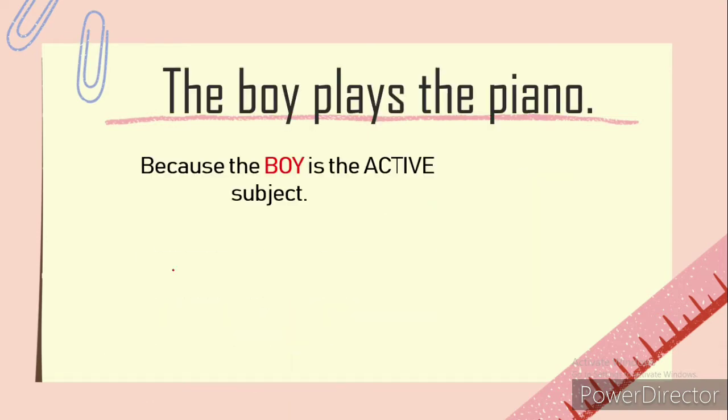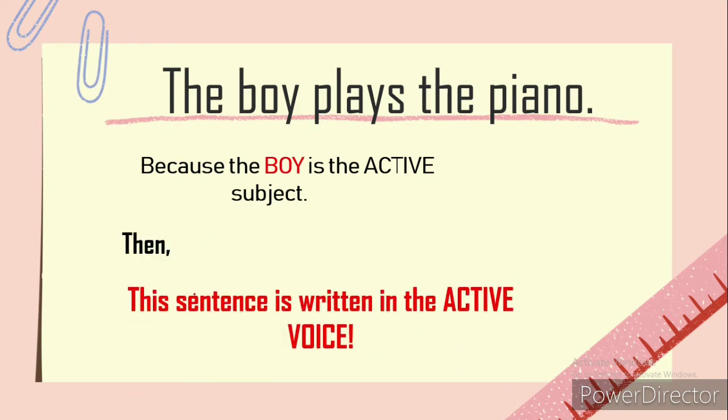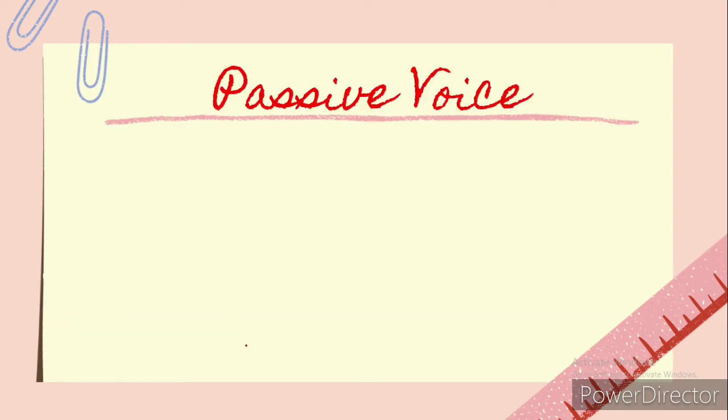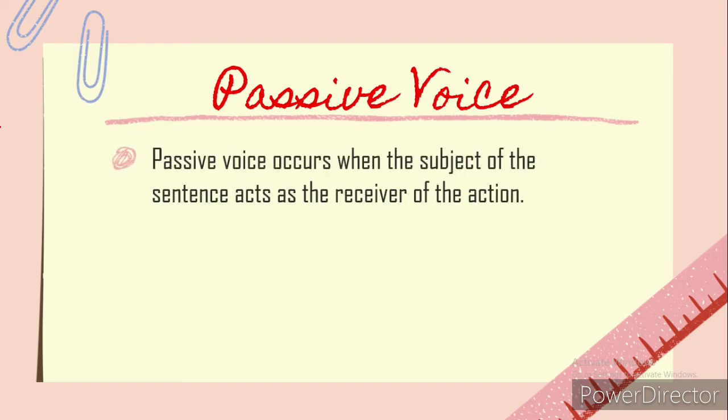Because the boy is the active subject, then this sentence, the boy plays the piano, is written in the active voice. Very good. Now let us have the passive voice. Passive voice occurs when the subject of the sentence acts as the receiver of the action.